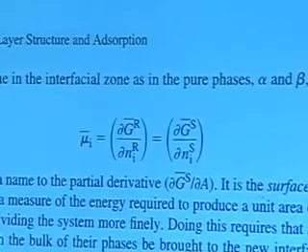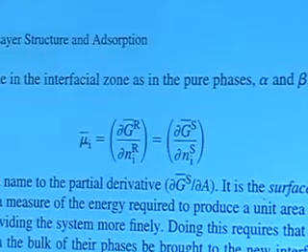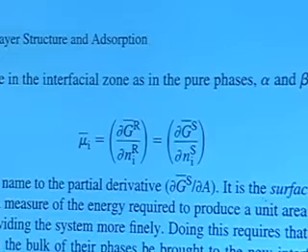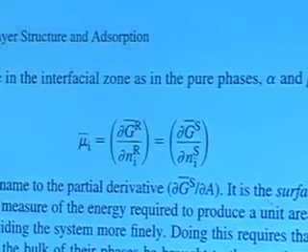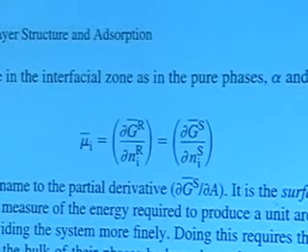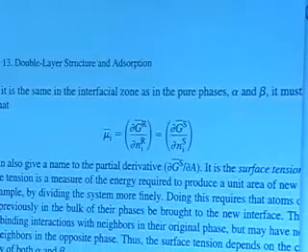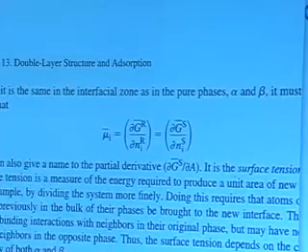Because after all, the reference system is the same in both cases. The 10th molar sodium chloride is still 10th molar sodium chloride. If the electrochemical potential of sodium is the same no matter what is on the other side of the phase, as it was when it was in pure sodium chloride, then the electrochemical potential of that species, because it's in equilibrium with the same reference phase, is the same as it was in the reference phase. Okay? So these are equal to each other.